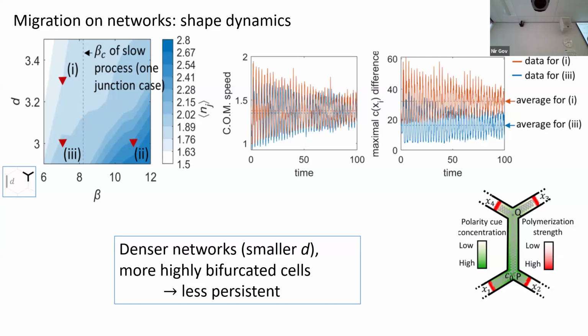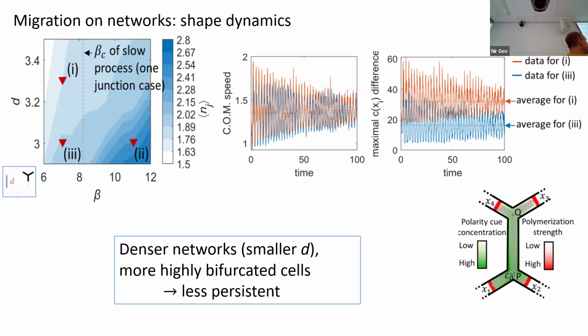So the more branched the cell is, the less it is able to produce a strong difference between front and back. And that is easy to understand intuitively because you have more points competing for who will become the leading edge.